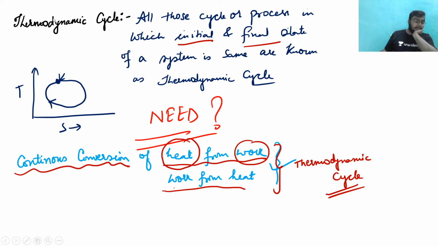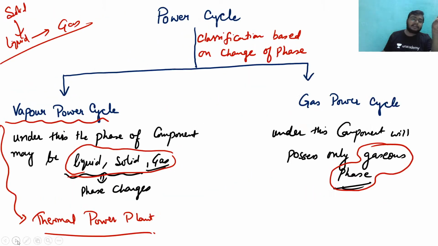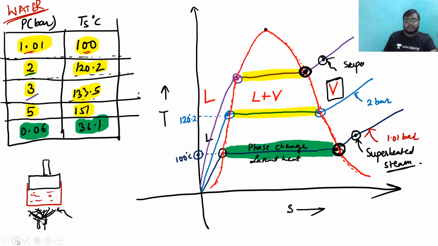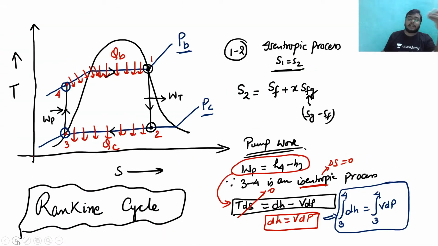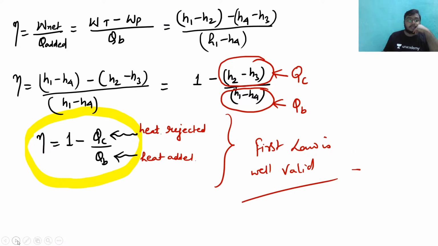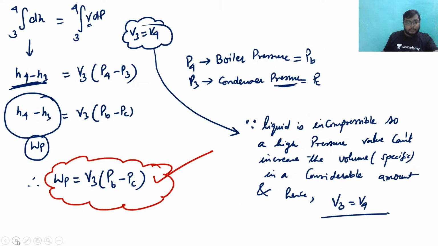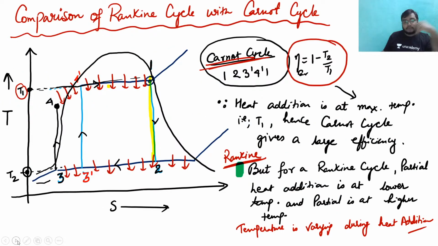From this basic thermodynamic cycle, I have started your base, and again introduced the concept of how you get the vapor dome, design of power plant, then the Rankine cycle, how you can find the efficiency, and pump work. Then we did the comparison of the Rankine cycle and the Carnot cycle.